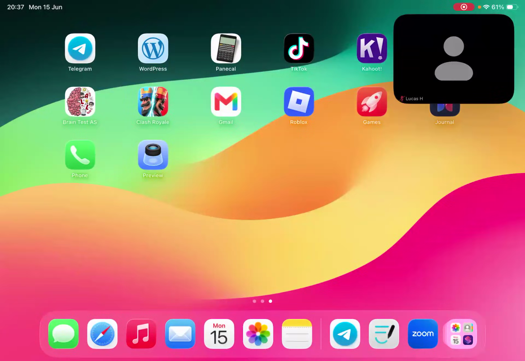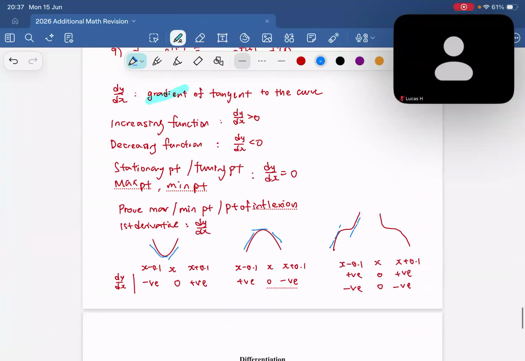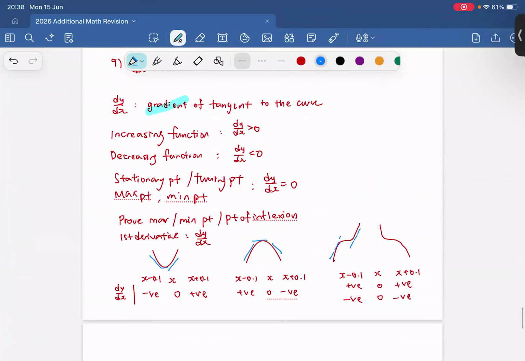I think it's my connection. Where did I stop? Okay, so gradient negative will give me my point of inflection.